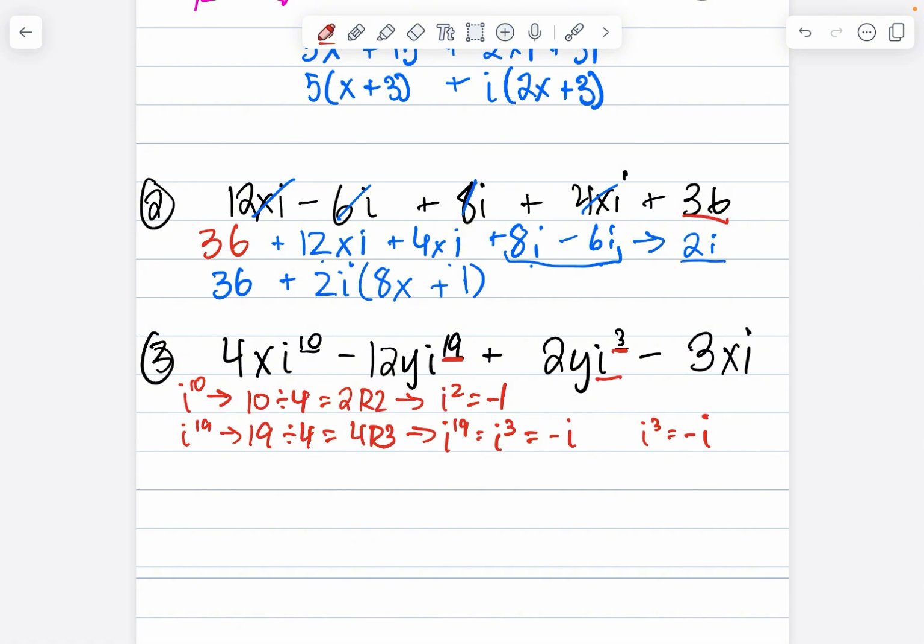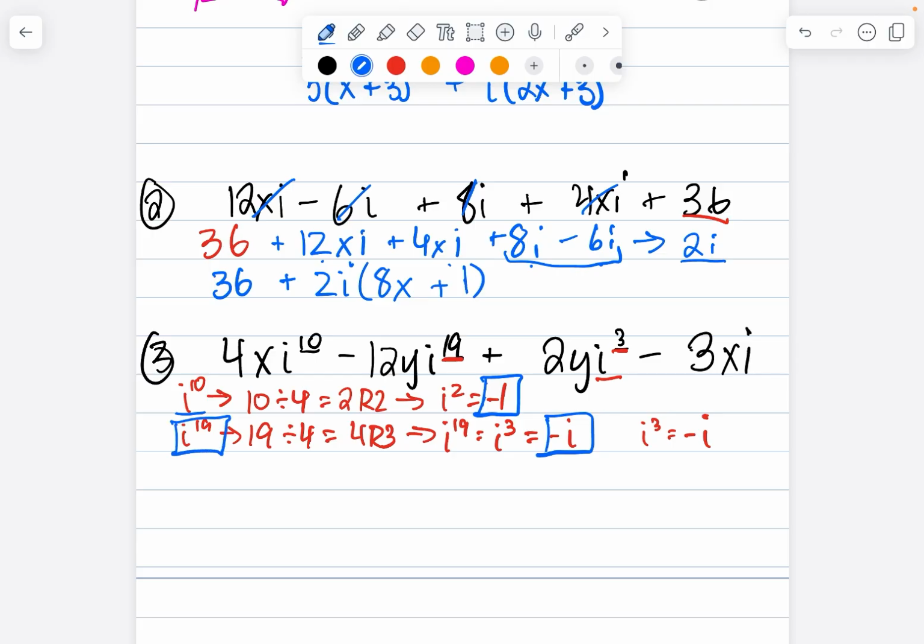So now I'm going to plug in these values I found instead of i to the 10. I'm going to plug in negative i instead of putting in i to the 19. And instead of putting i to the 3 for this 2y i to the 3 term, I'm just going to put in negative i. All right, so let's go. 4x, and instead of writing i to the 10, I'm going to put in negative 1, because that's what i to the 10 is.